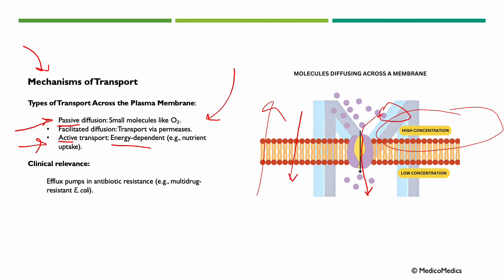Then we have active transport. In active transport, the bacteria move substances against their concentration gradient. So from here out, let's say. And this requires energy, usually in the form of ATP.